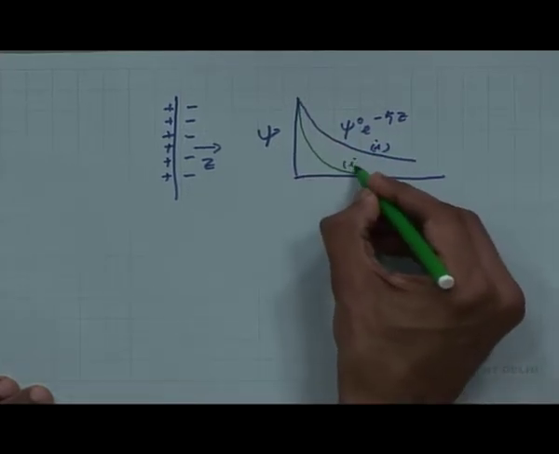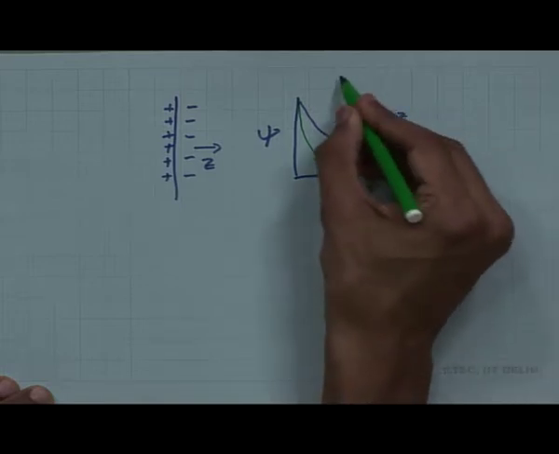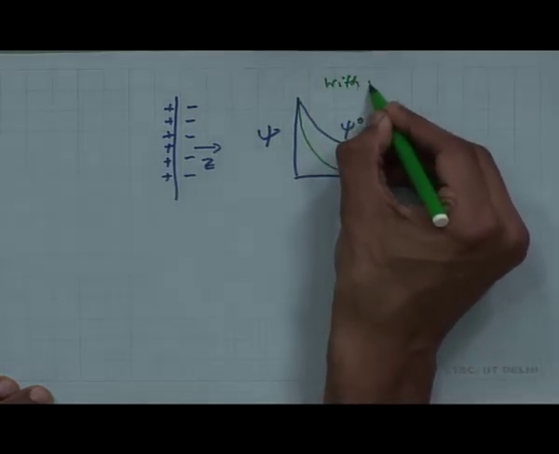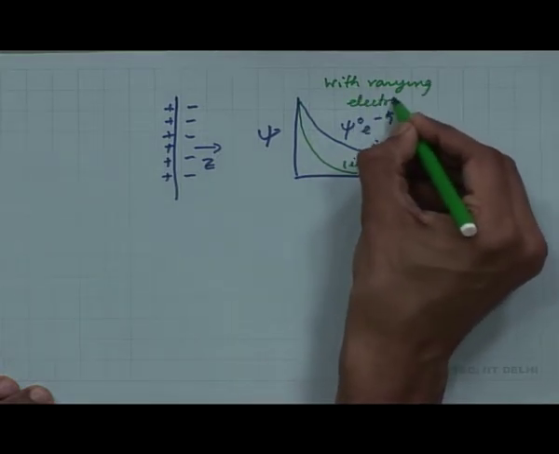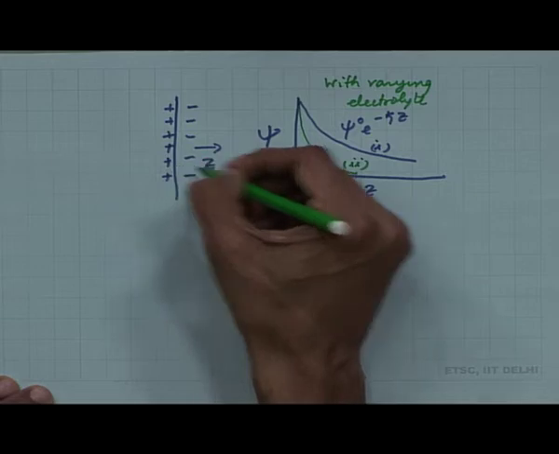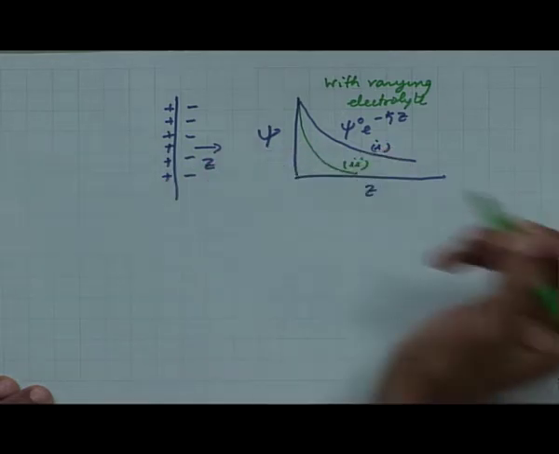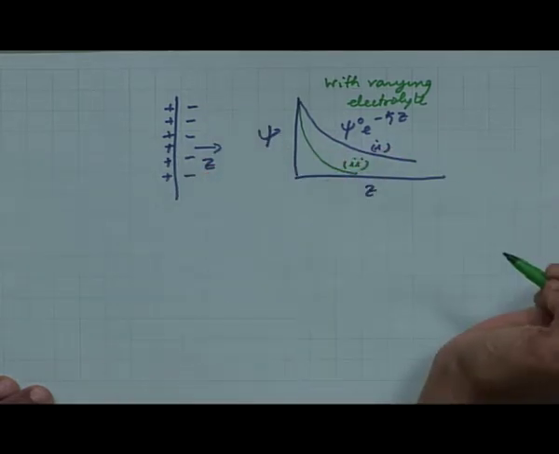So, with varying electrolyte concentration, we are looking at the potential of the double layer as you go away from the surface of this colloidal particle.